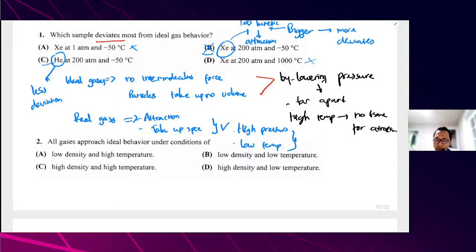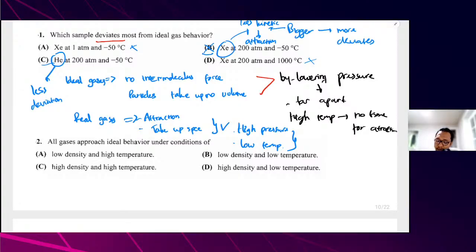If we have a bigger size, it will have a lower speed, so there is still a bit of space for attraction to each other.